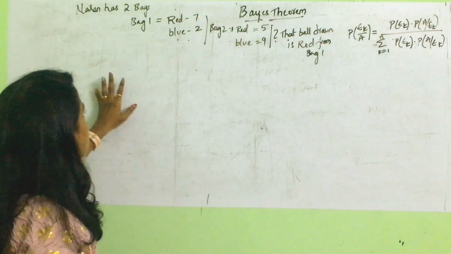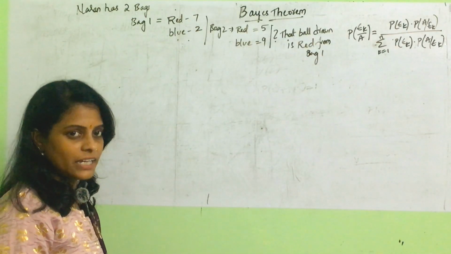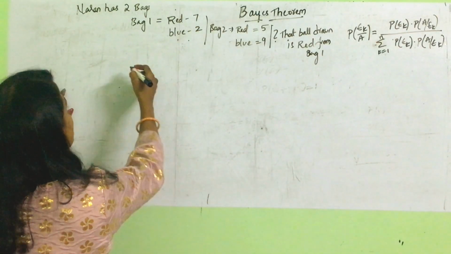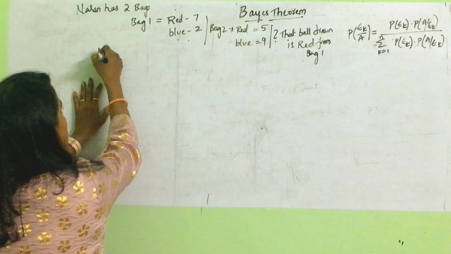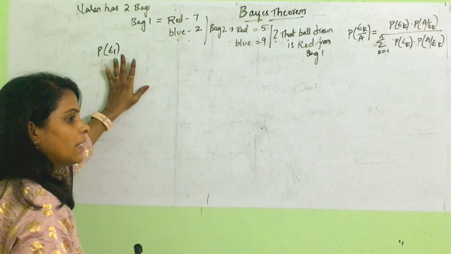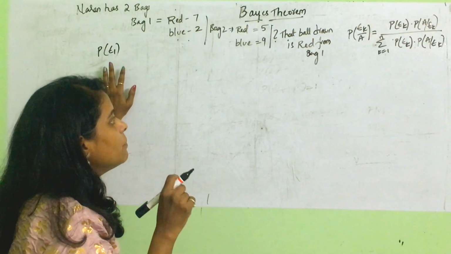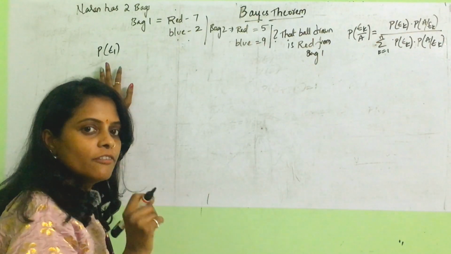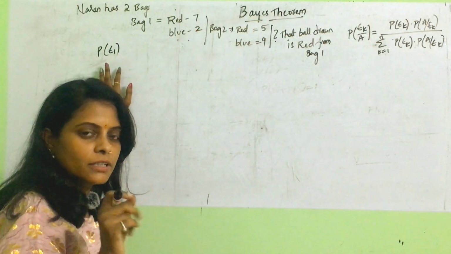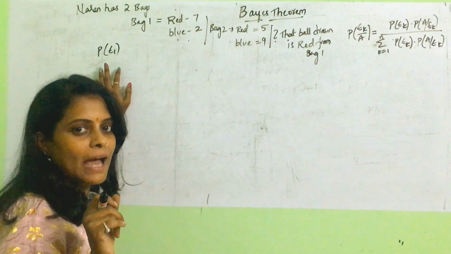So what we have to do here is first check the events. What are the events here? P of E1. What is P of E1? P of E1 is picking up a ball from bag 1. Let E1 be bag 1, picking up a ball from bag 1.